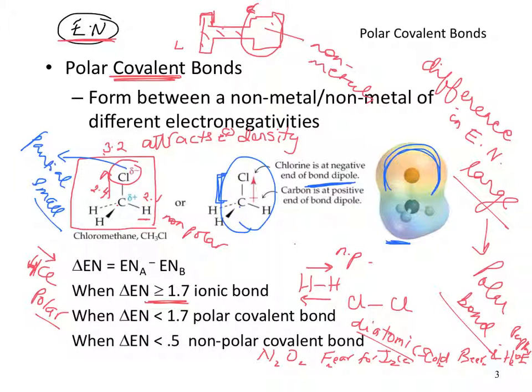If that number is less than 1.7 and more than 0.5, so a number like 1.4, 1.2, 0.8, all of those are polar covalent bonds. When it's less than 0.5, we just consider that non-polar.